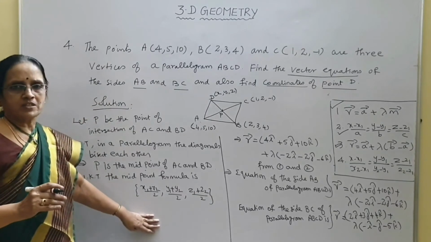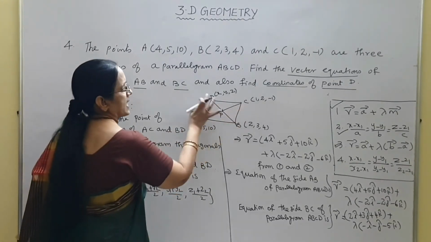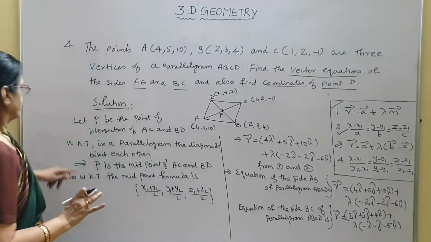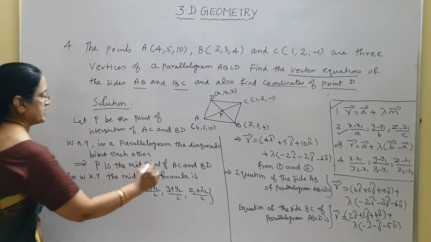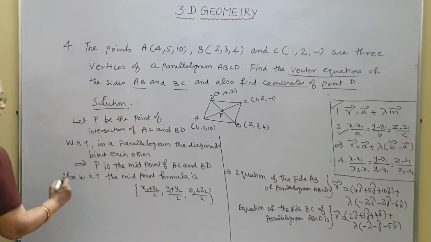So, this is what we are going to make use of. And you know P is the midpoint of AC as well as BD. Already I mentioned it here. P is the midpoint of AC and BD.